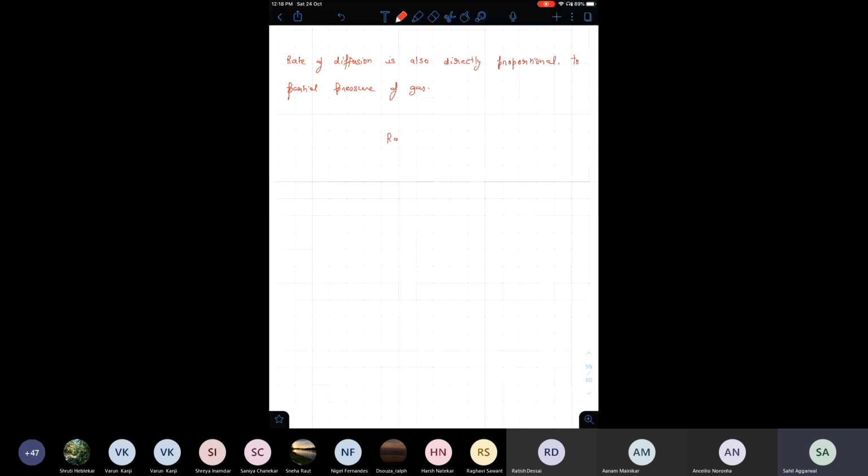So rate is directly proportional to pressure and inversely proportional to the square root of mass.